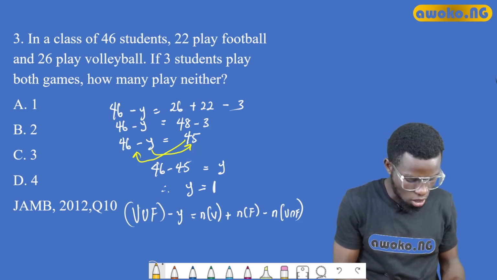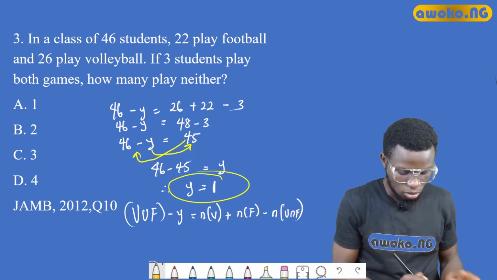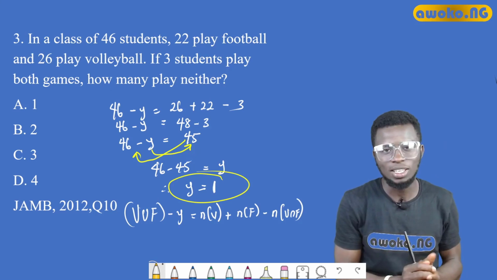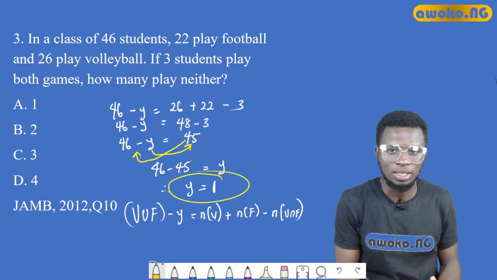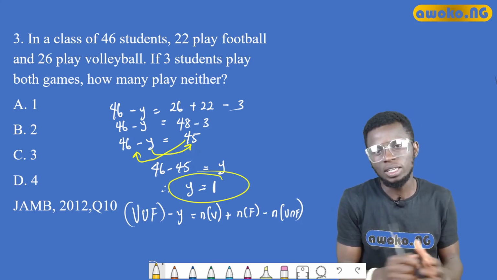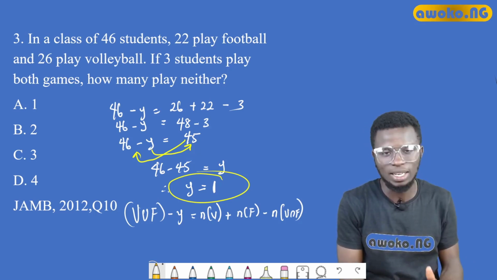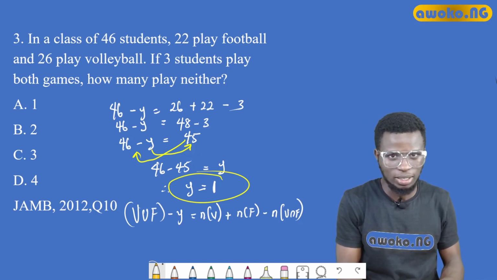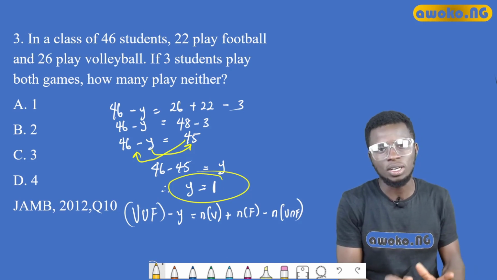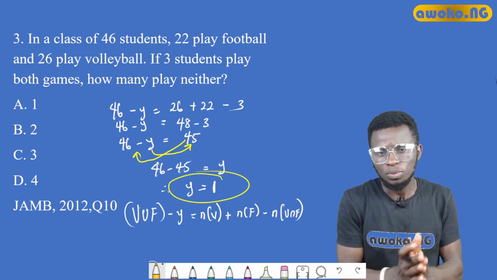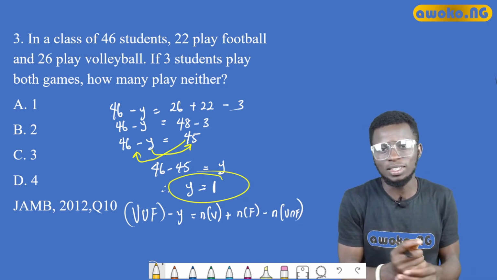So, one student did not play any of the games listed above. With this, we have come to the end of the class. In our next class, we'll solve more problems on sets. We will see you in our next class.